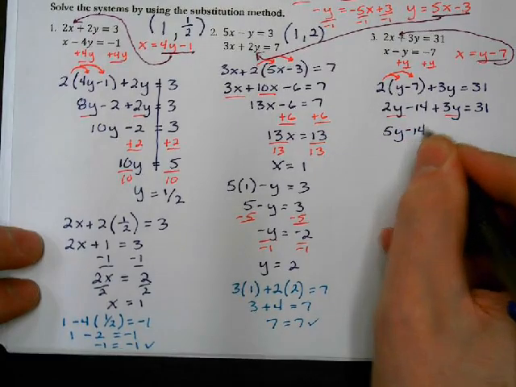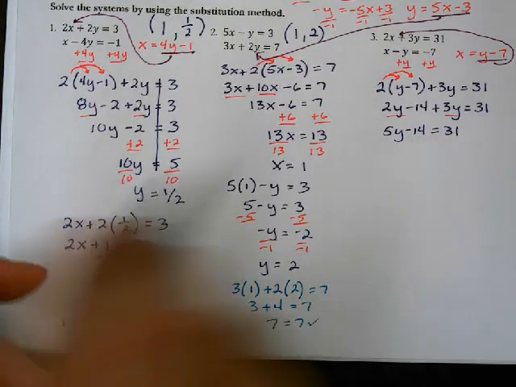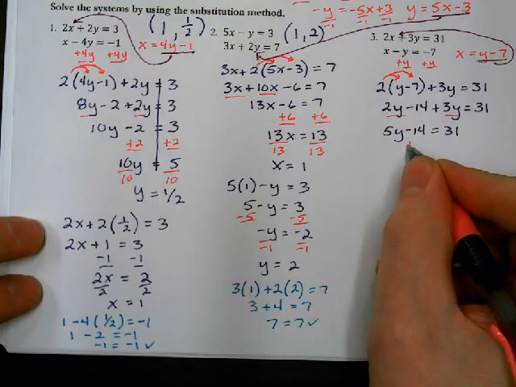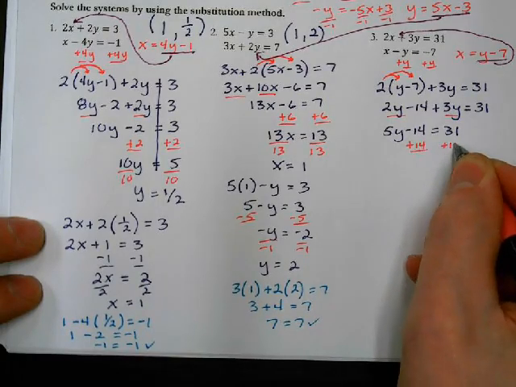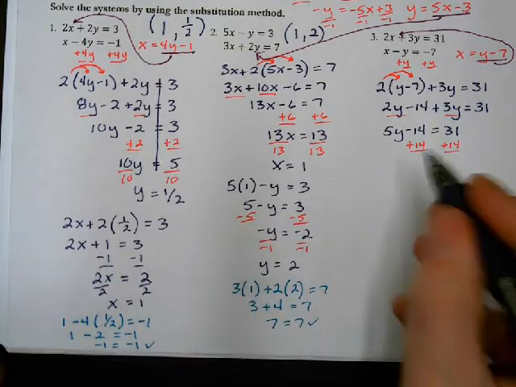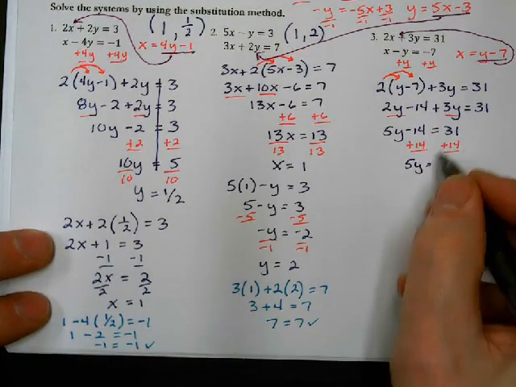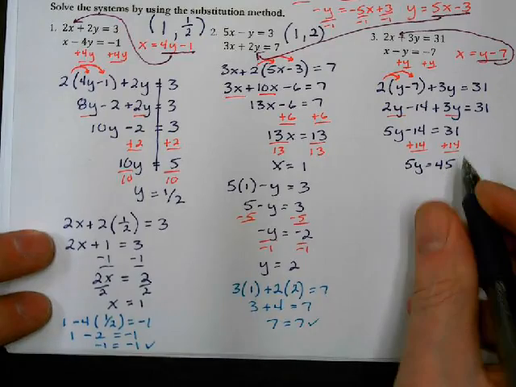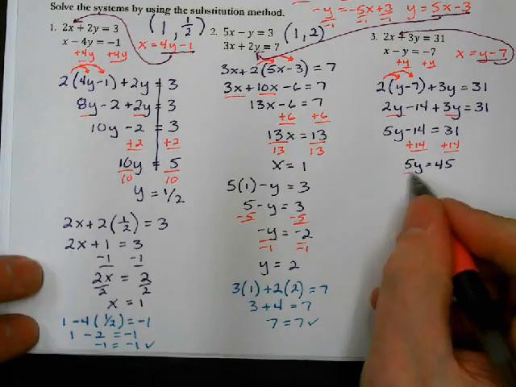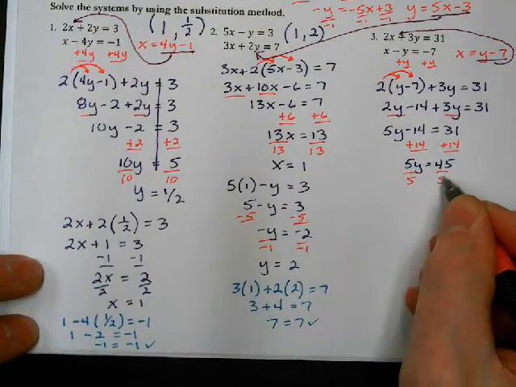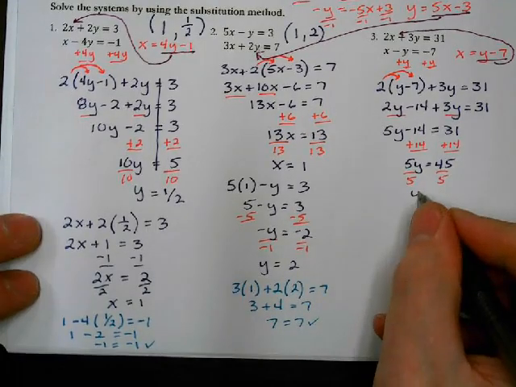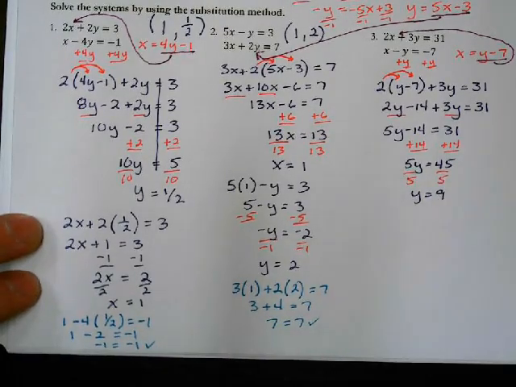Addition property of equality. I add 14 to both sides. That leaves me with 5y equals 31 plus 14 is 45. Division property of equality. I divide by 5 on both sides. I get y is equal to 9. All right, I think my answer is something, 9.